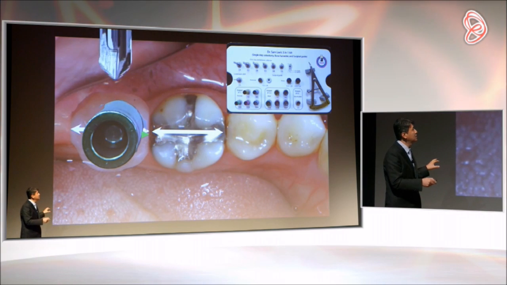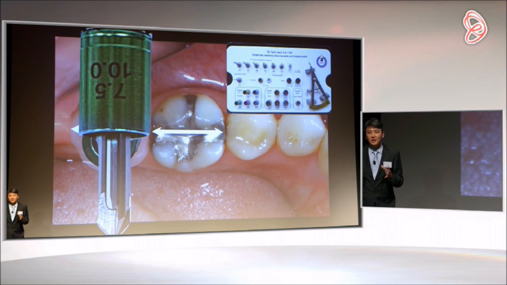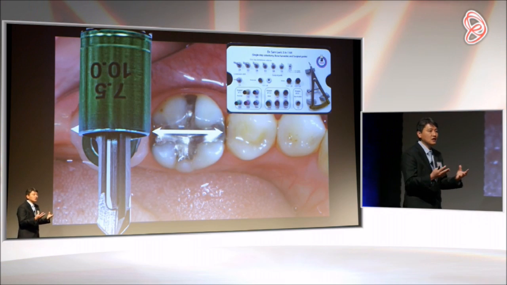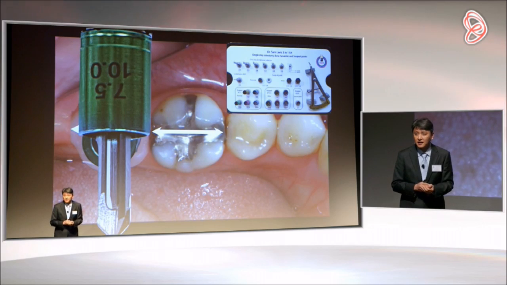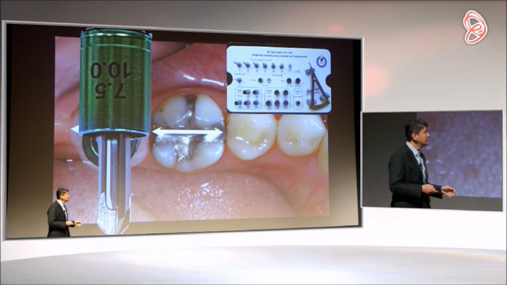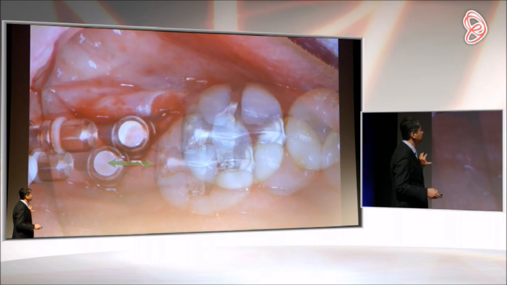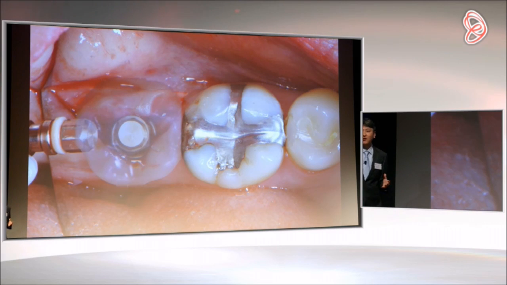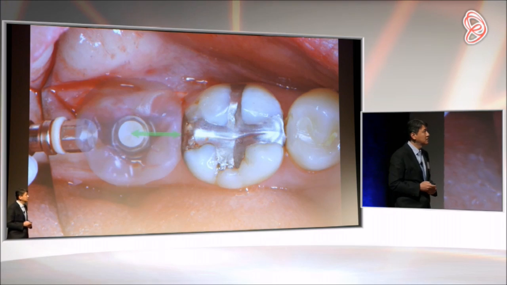So with this kit, we are able to position ourselves in the middle of the restoration so that I don't have to make excuses to my referring dentist that I had a bad day doing the surgery. So even a blind spot is not a problem, and we can always put our restoration in the middle of our future crown by utilizing this 3-in-1 kit.